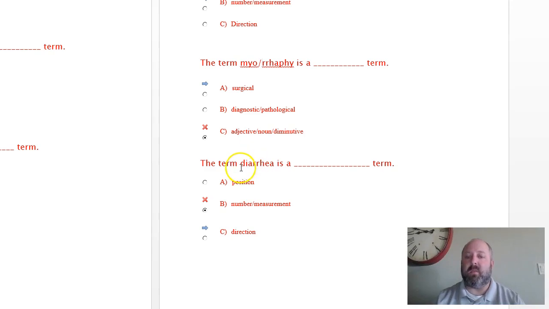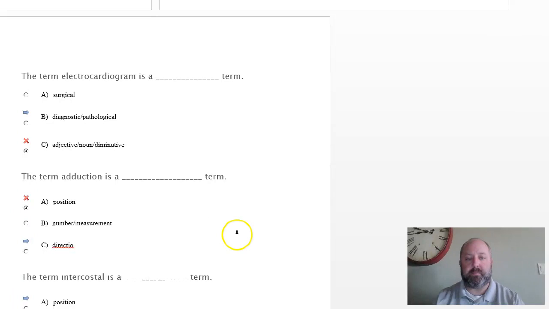But now that you've seen that, you're going to see this applied to other terms like pyorrhea. You're going to see it throughout the semester. So you're going to have to know that that's directional. That means the flow of infection or pus, pyorrhea, and here we have diarrhea, the flow of stool, and so it is directional, denoting the movement of that.